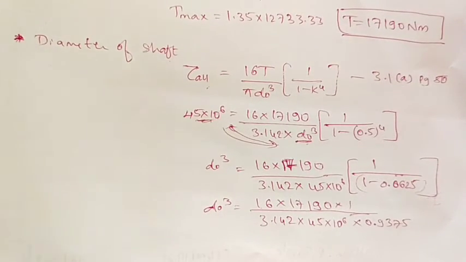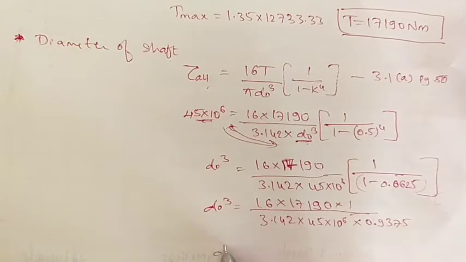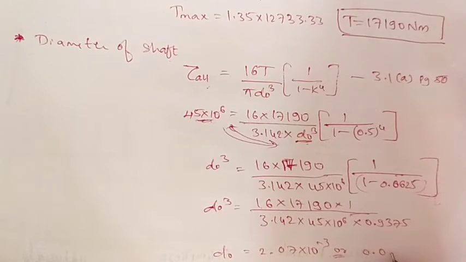So when you multiply all these values, you will get 2.07 into 10 raised to minus 3, or else 0.00207 something.